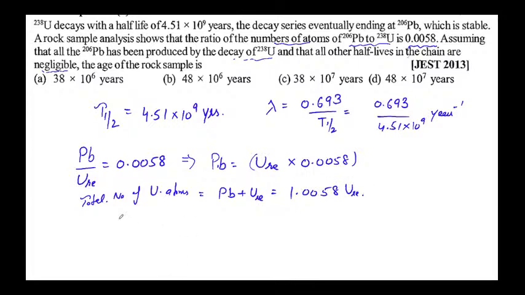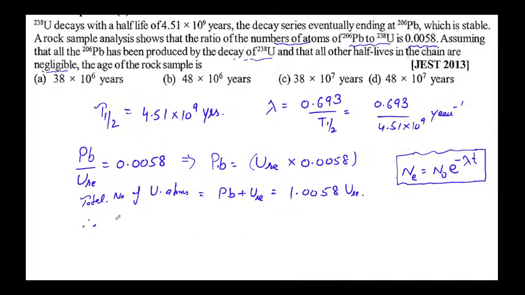So from that we know the formula which we have derived: N, the number of atoms which are left, over N naught, the total number of atoms at the beginning, is equal to exponential of minus lambda t. This is the formula which we discovered yesterday. N is the remaining number of atoms and N naught is the total number of atoms.